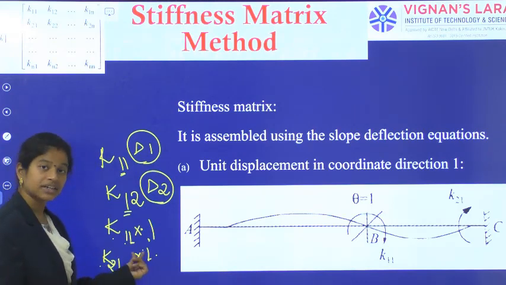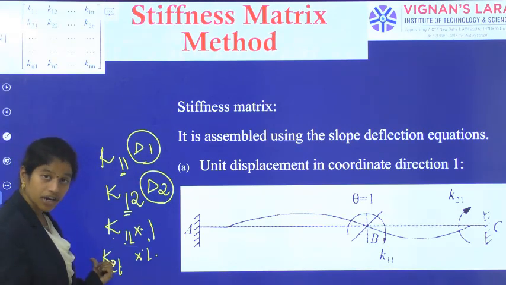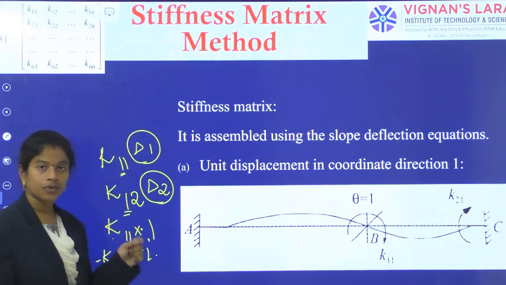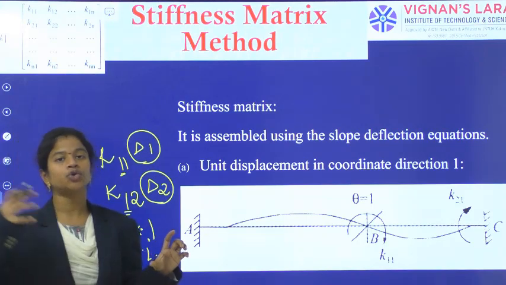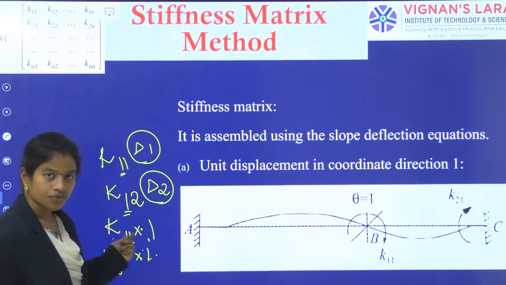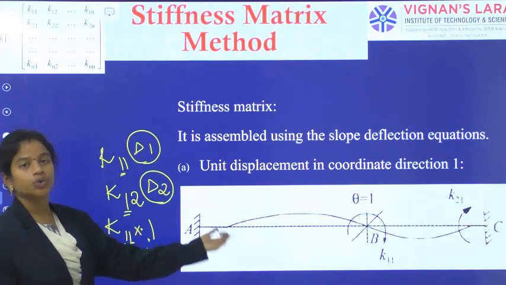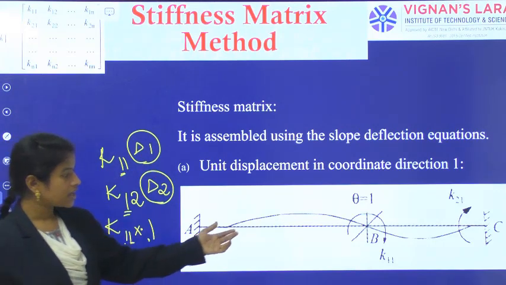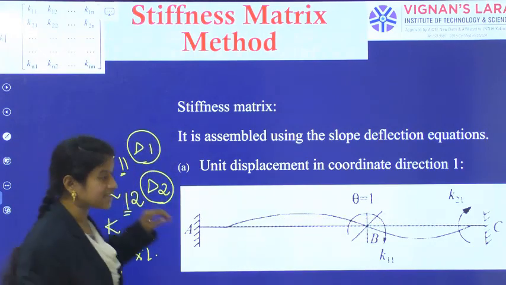Unit displacement at 1, the corresponding force developed at 2. Force developed at 2 due to the unit displacement at 1. Force developed at 1 due to the unit displacement at 1. So, K11 and K21 are indicated like that.